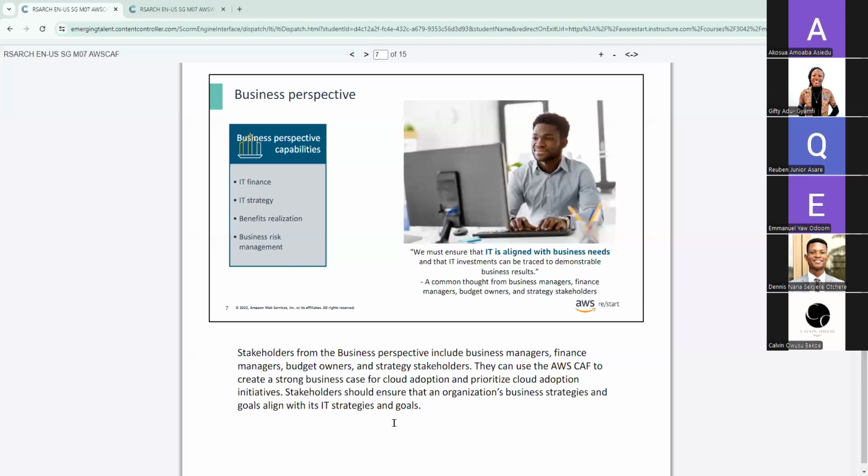So with a business perspective, we'll just give you examples of people inside the company who need to align when it comes to things like this.